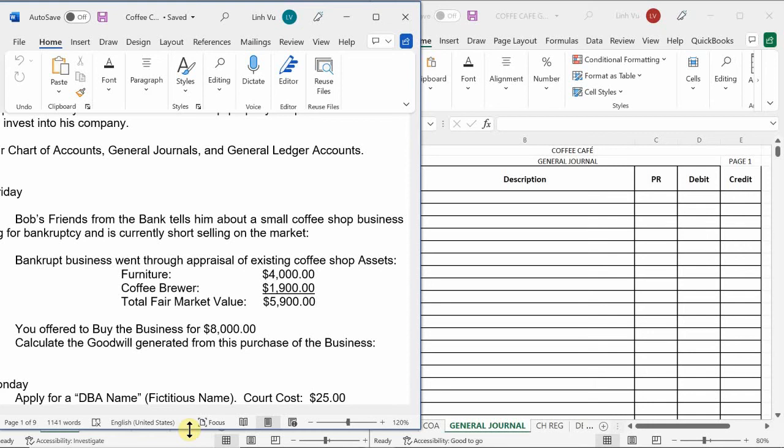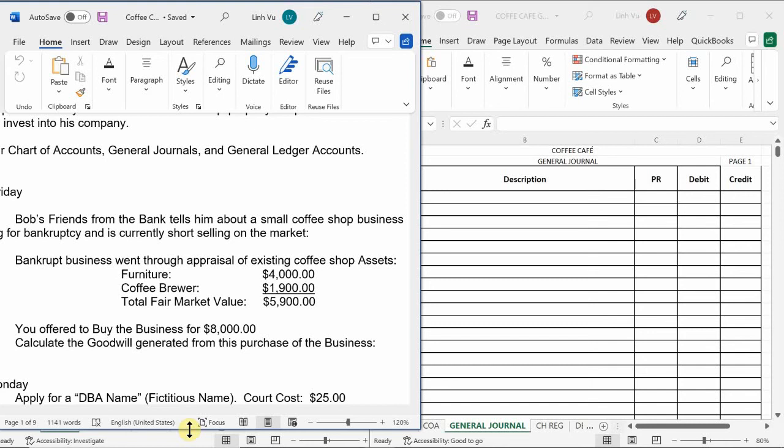This is considered goodwill because I'm purchasing the business out, so because I bought the business for more than its fair market value, I generate what's called goodwill.